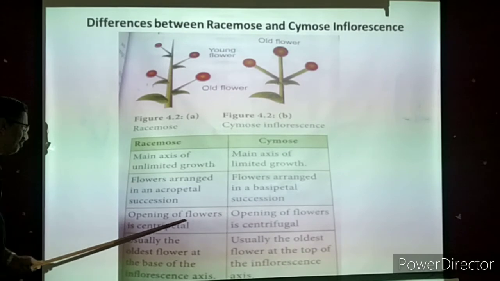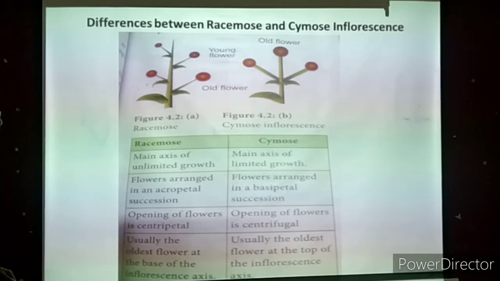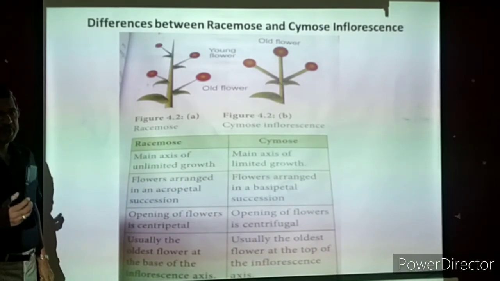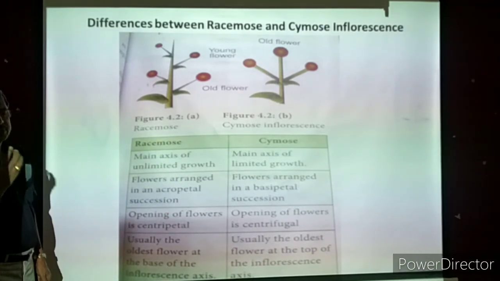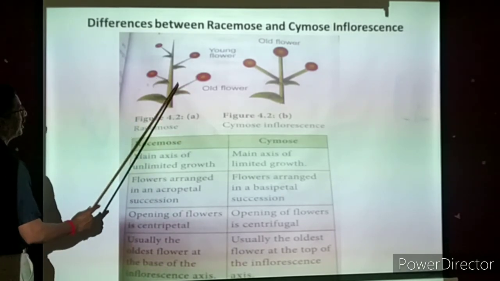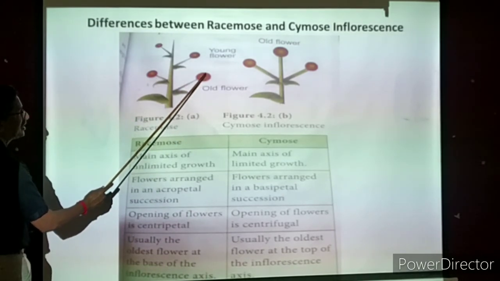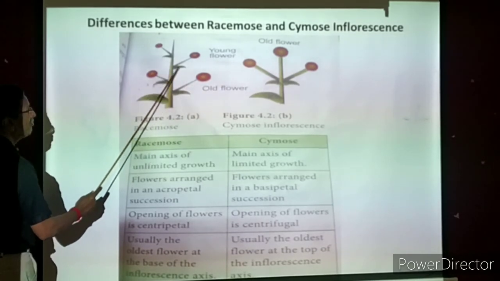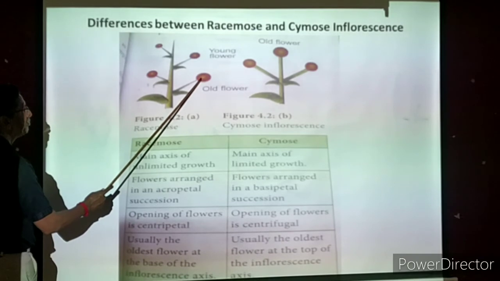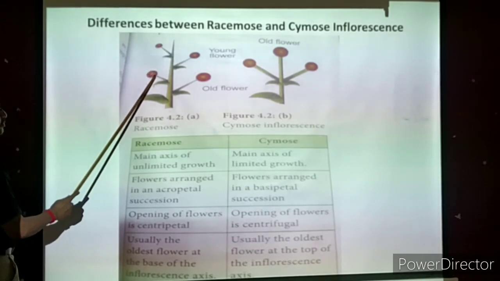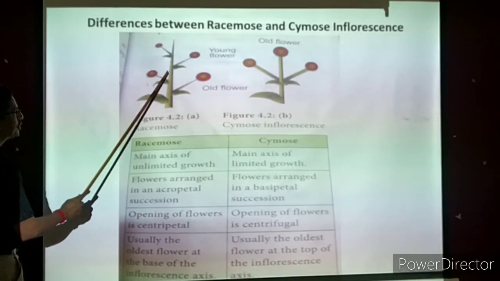Now opening of flowers is centripetal. Now these are the flowers. First they will be present in the form of bud, but after a period of time they open. The opening is called a blossom. Okay, the flowers blossom. So how are they? Now this is the oldest flower, I said. It is opening, but the stalk is longer, so it is away from the peduncle. Then the next one is this young flower, but the stalk is a little shorter. Now this will open second, but it is a little closer to the peduncle.